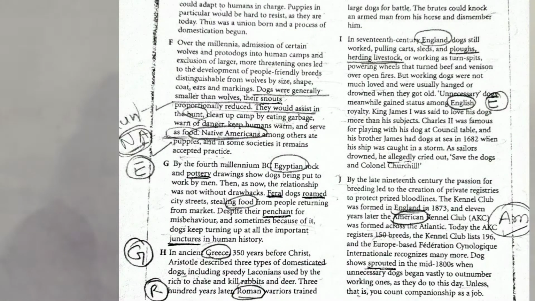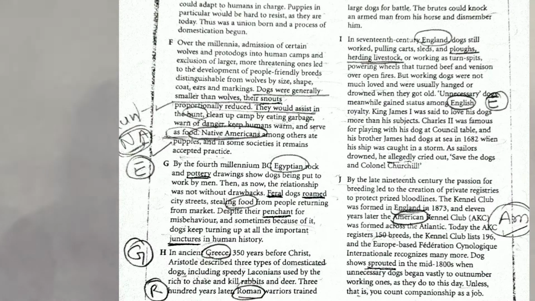Okay, in some century English dogs still worked the carts, herding livestock, and the working dogs were not much loved and usually hanged in the trunk. Among English royalty, dogs gained status and were loved, and when ships were caught, the sailors allegedly cried and saved the dogs.